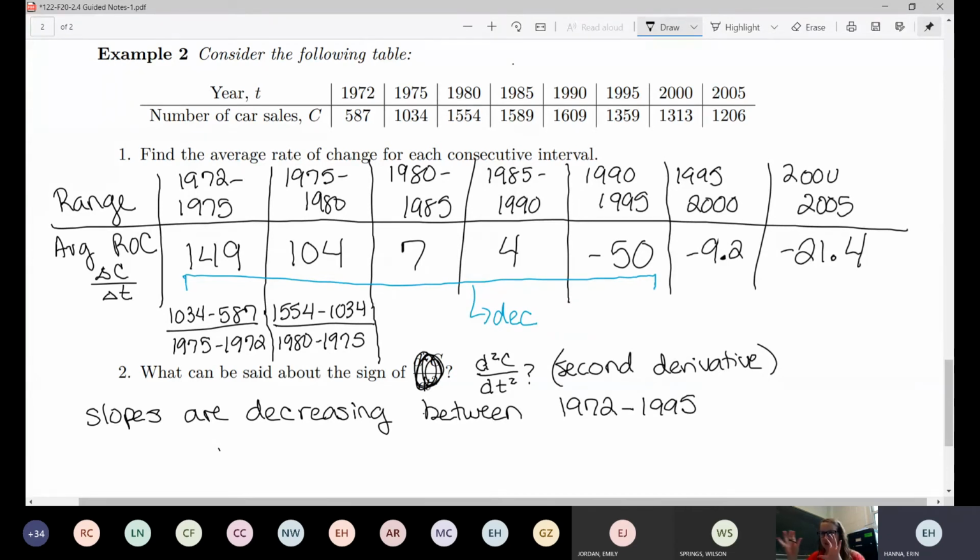I know technically those are ranges, but just for the sake of our sanity, let's phrase it like that. So since the slopes are decreasing, if f prime is decreasing, that means that f double prime is less than 0. So we could say that the sign of the second derivative is negative.